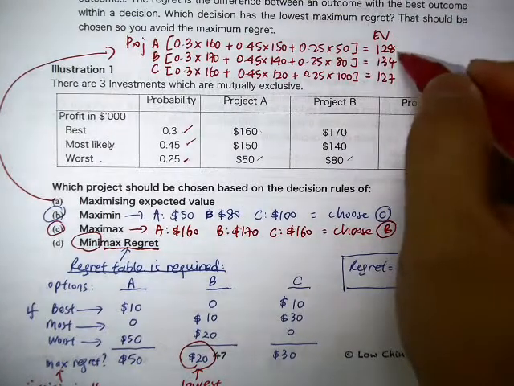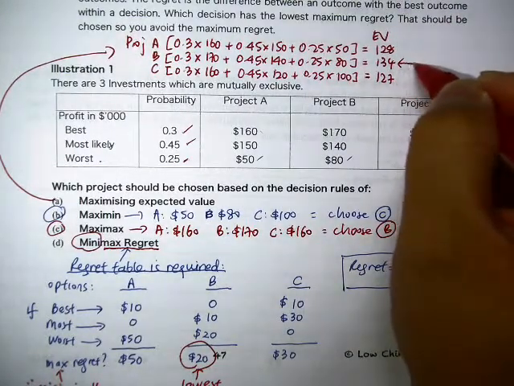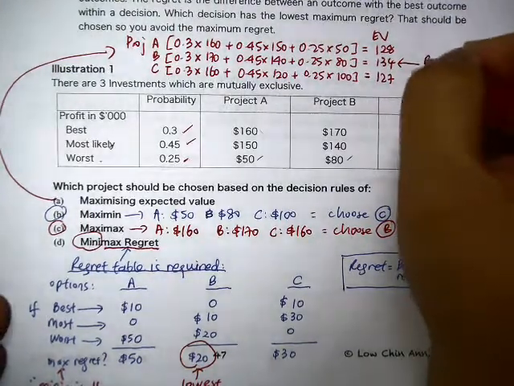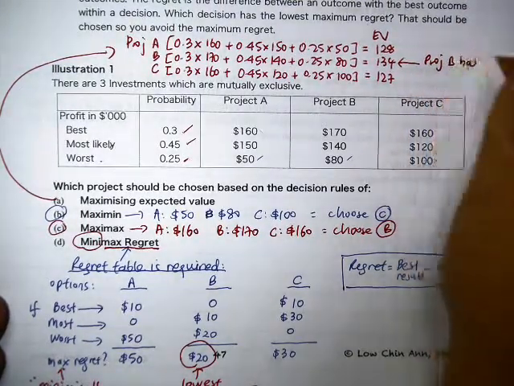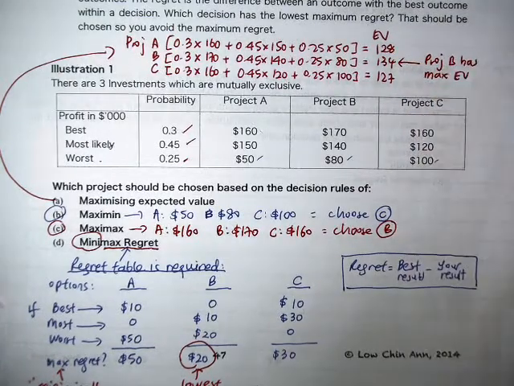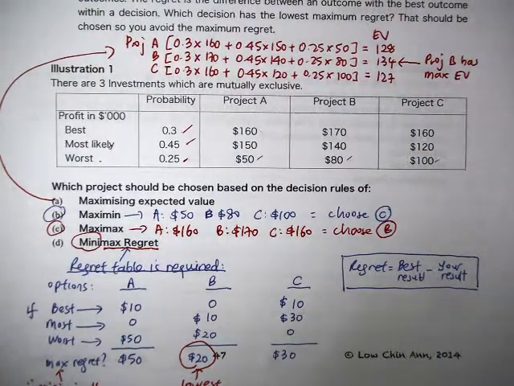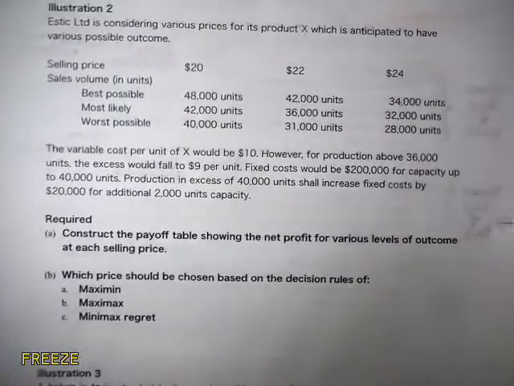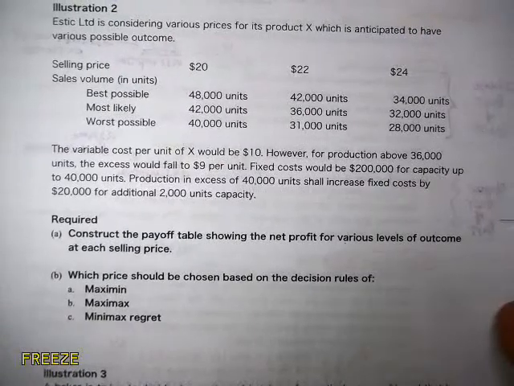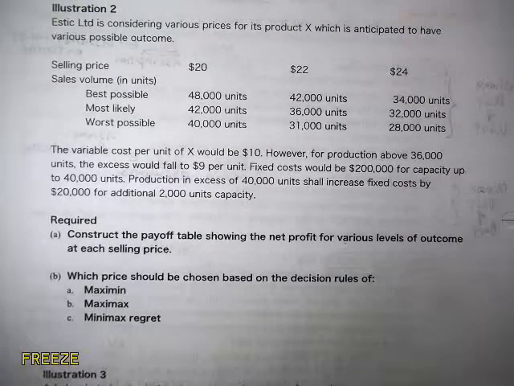Now, of these three, which one has the most EV? Project B. Project B has maximum EV. Now, so we summarize again what we learned by looking through an example, page 48, example 2.